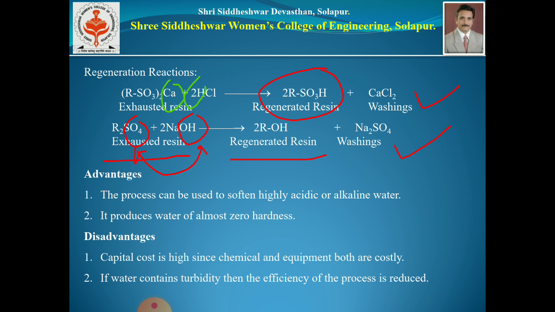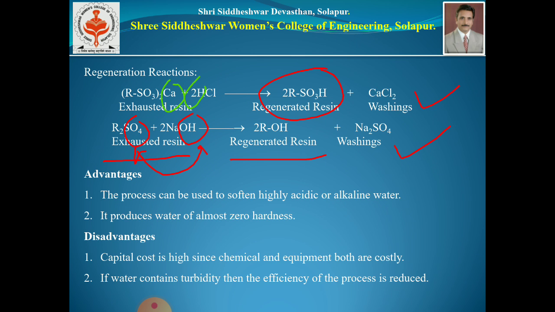Therefore, the main advantage of this process is we can remove the cation as well as anion part of the hardness causing salt, and that's why we get water of almost zero hardness. And the process can be used to soften highly acidic or alkaline water also.